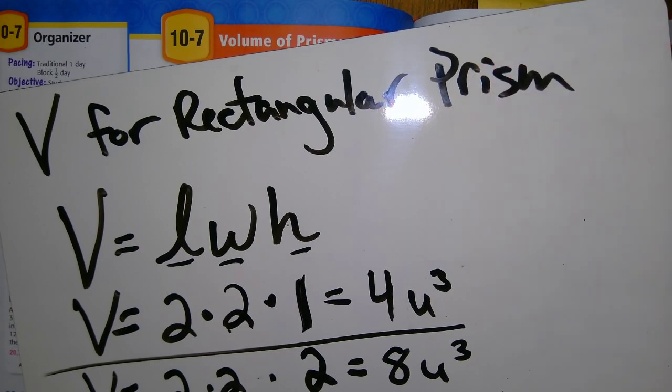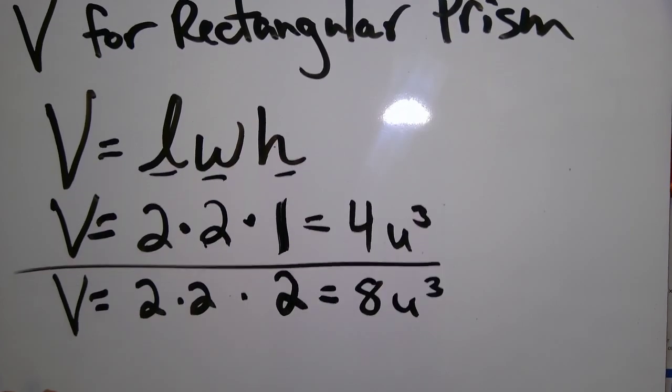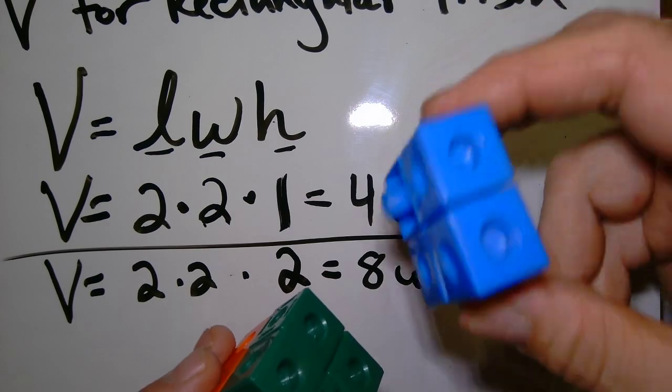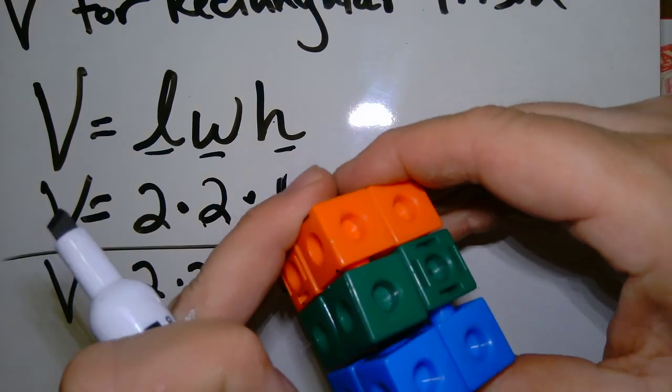Now some of you are like, Mr. K, that is totally amazing. But what if we added another layer? Great question. I know Avery was wondering. Avery, this one's for you. Here we've got the blue layer. All right? We're going to add that one on.